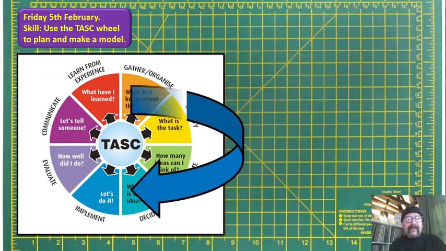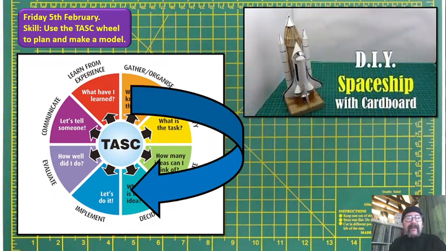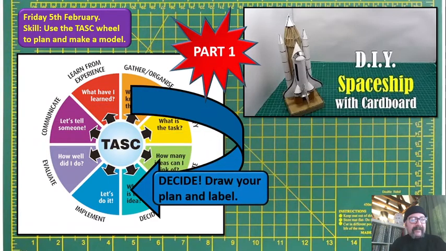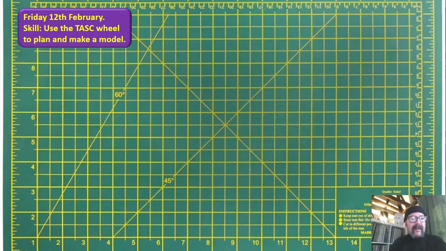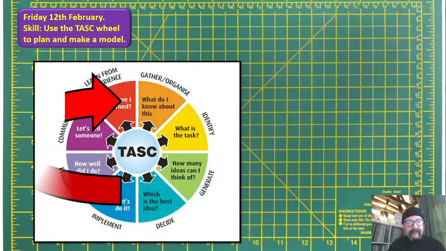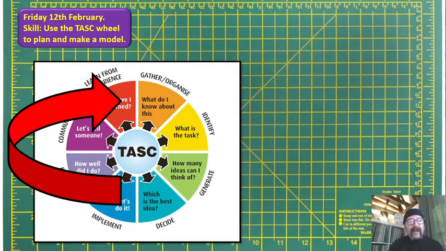If you haven't already done so, we're going to move on to the final part of our task wheel now. That was part 1 last week. I know some of you have done that because you've sent me some pictures of your models. So today, Friday the 12th, we're just going to start the lesson by focusing on that last part.